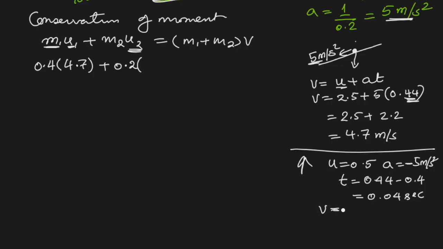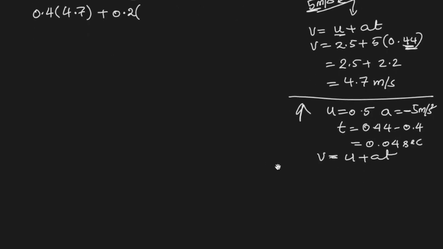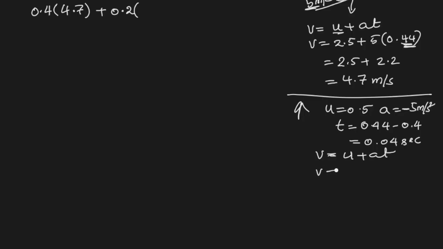Now we can find the speed with which particle B will hit A. v equals u plus at. v equals 0.5, we are still talking about upwards, and the deceleration will be there, and t is 0.04, so 0.5 minus 0.2, which is 0.3 meters per second.